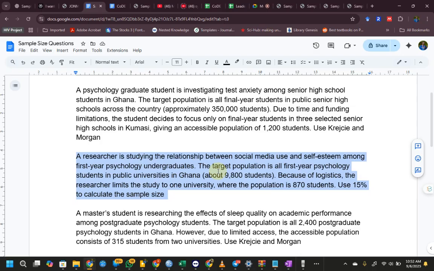You see, that is how mathematics is. So 15 divided by 100 gave me 0.15. Equals 0.15 times 870.